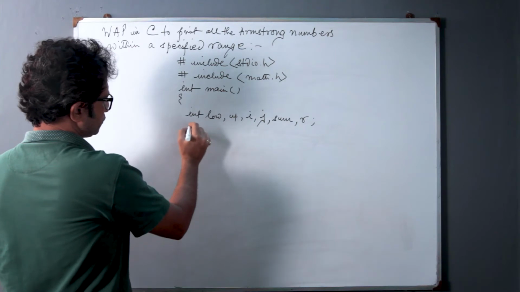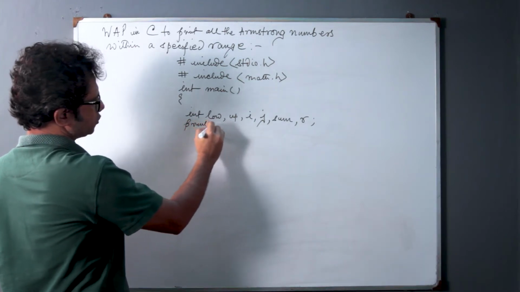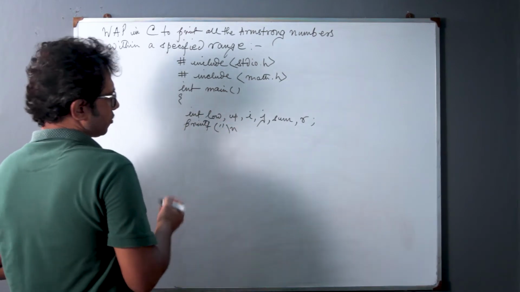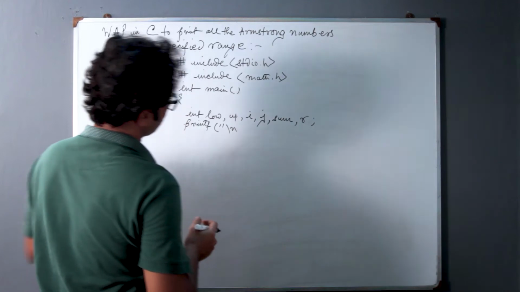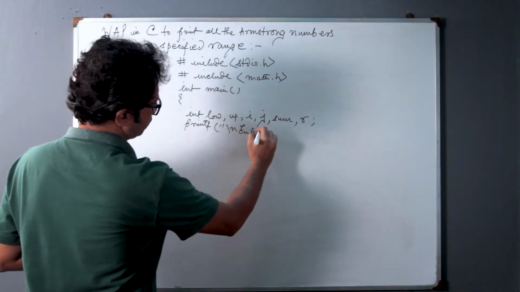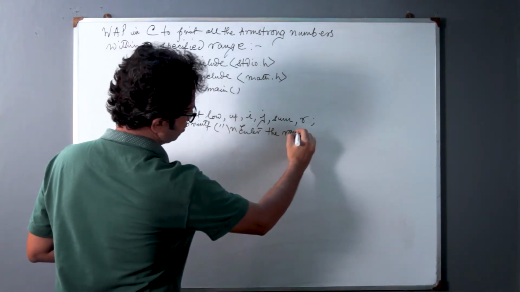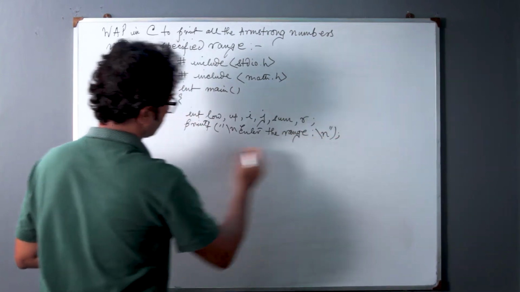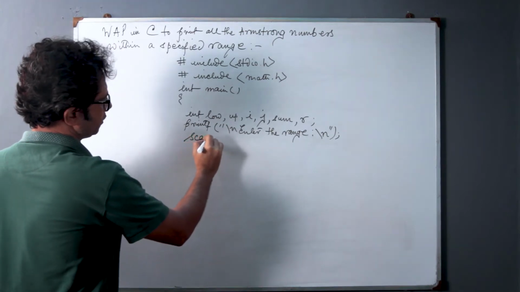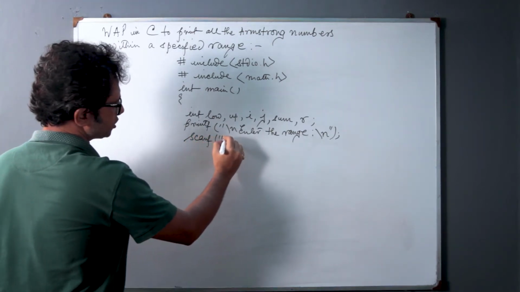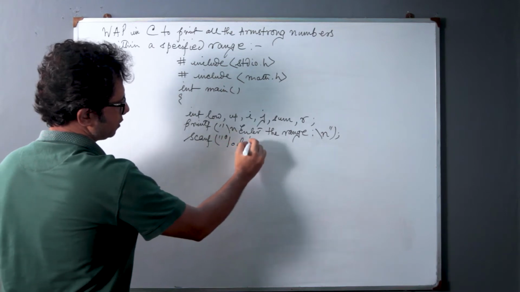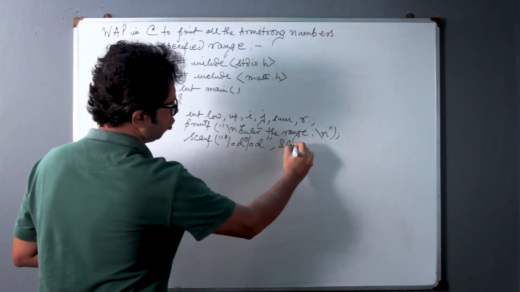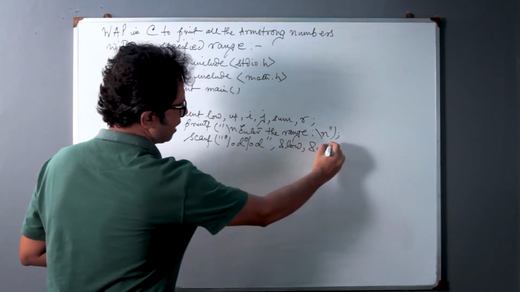Suppose printf, we ask the user to enter the lower and upper values of the range: "Enter the range\n". Then scanf("%d %d", &low, &up).